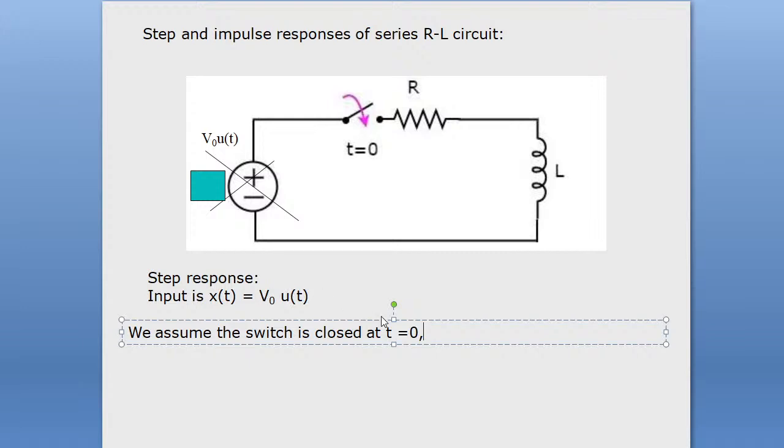Now you can write the differential equation for this circuit. Suppose current i is flowing through this circuit after t equal to 0.